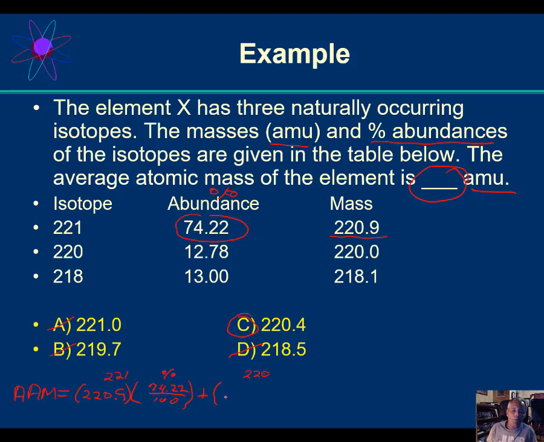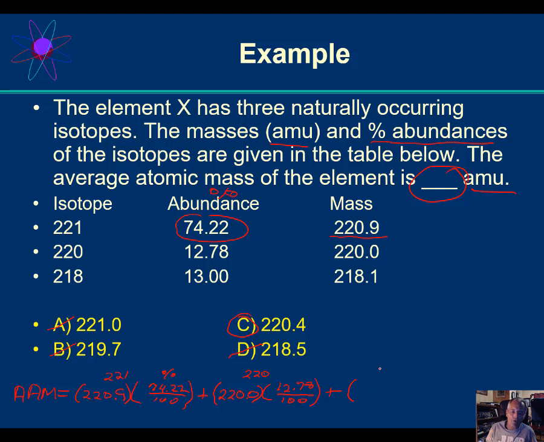And then we're going to come down to isotope 220. And its actual mass is 220.0 AMU times its percent abundance, which is 12.78. And we're going to divide that by 100 to get it into a decimal. Then we're just going to add the last one.